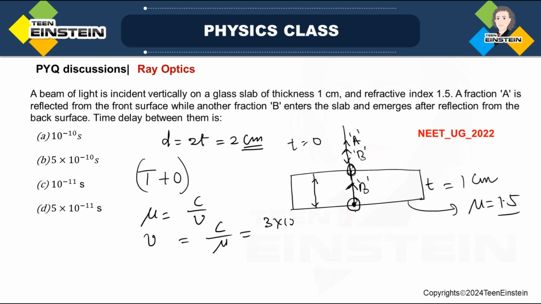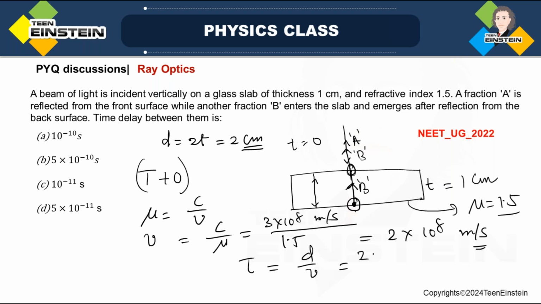So this is c. c is 3 into 10 to the power 8 meter per second, and mu is 1.5. So you will get the speed of the light inside the medium as 2 into 10 to the power 8 meter per second. So I have got the speed.